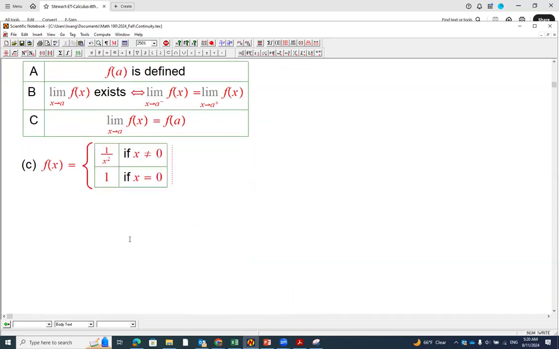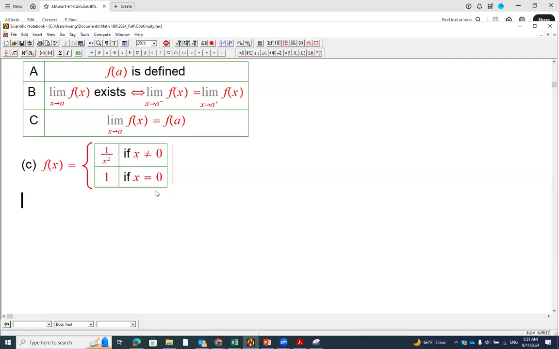C. It's defined as 0, in fact, it's defined everywhere. So is it continuous? For x not equal to 0, we have 1 over x squared, so it's continuous everywhere except maybe at 0.